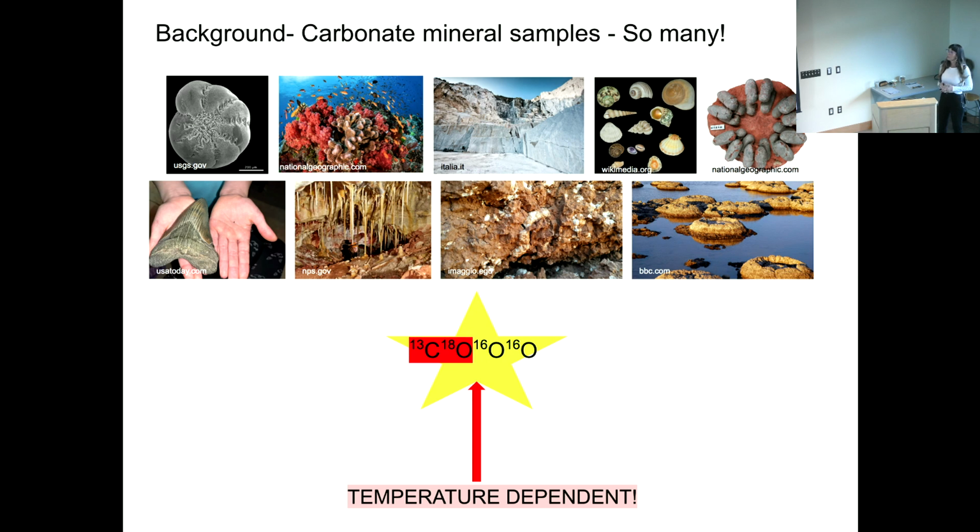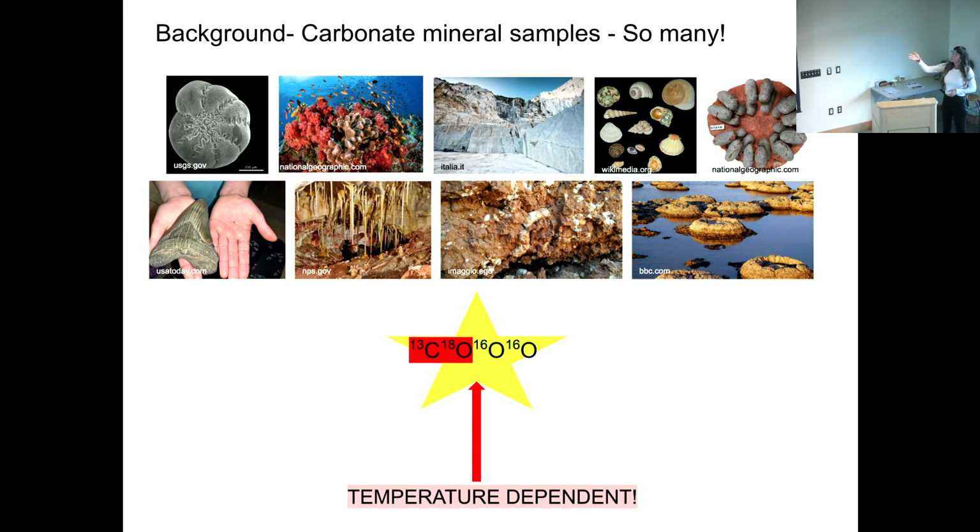Most of them are about the size of a grain of sand, but they produce these really beautiful shells. The second one, coral, they make their skeletons typically out of aragonite, which is a carbonate mineral. Huge limestone formations, all sorts of shelled organisms like snails and clams. There on the top right, those are dinosaur eggshells, which also contain carbonate minerals.